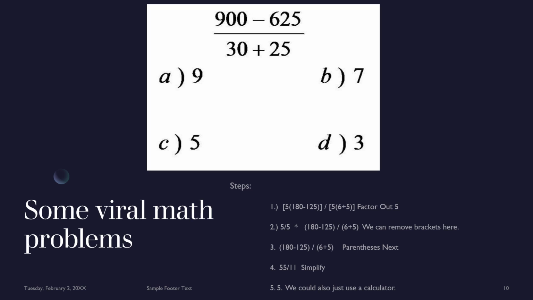So since it equals 1, we can just remove that from our next step, leaving us with 180 minus 125 divided by 6 plus 5 with both terms in parentheses. Once we do the math, since they're both in parentheses, we're left with 55 divided by 11, which gives us 5.